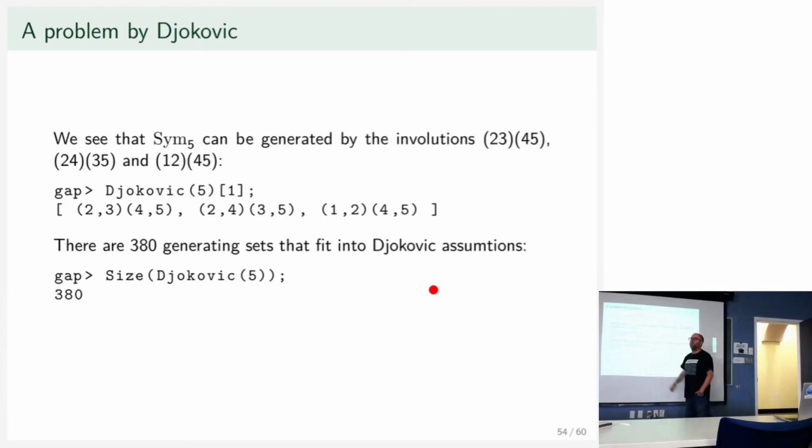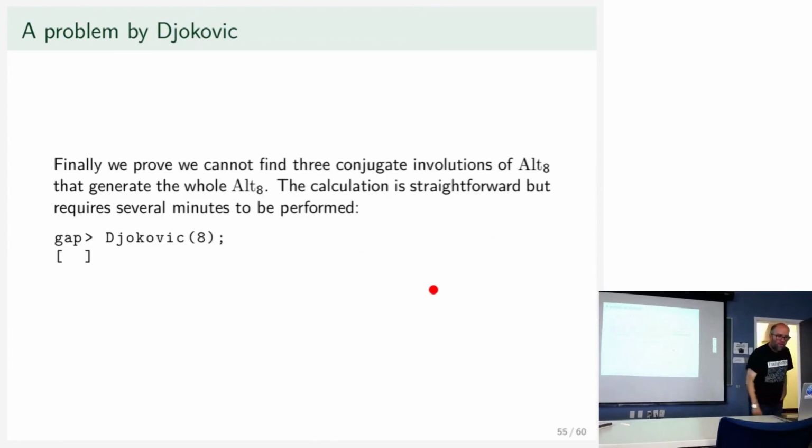But if I try to do this for this alternating group, then this will not work. I need some minutes, but after some minutes I get no answer. So there is no solution. Okay? So this problem is solved.